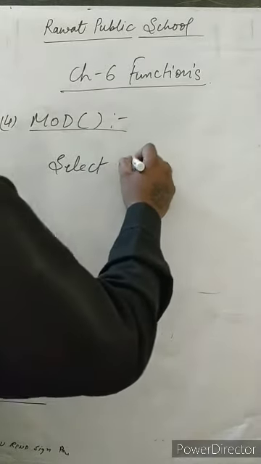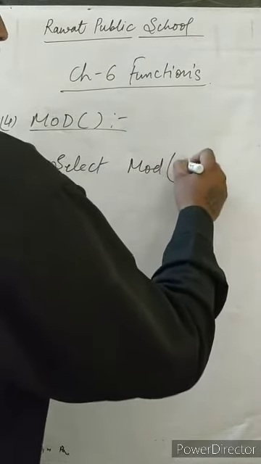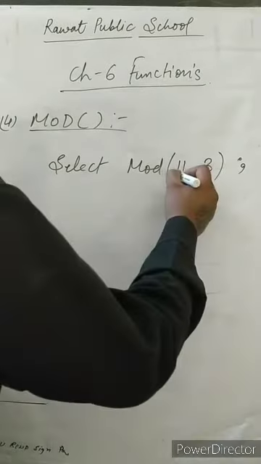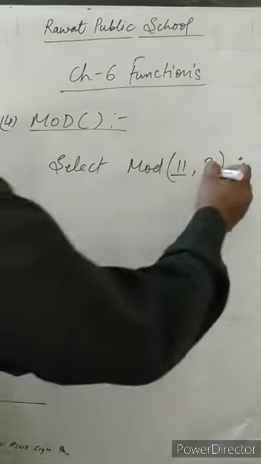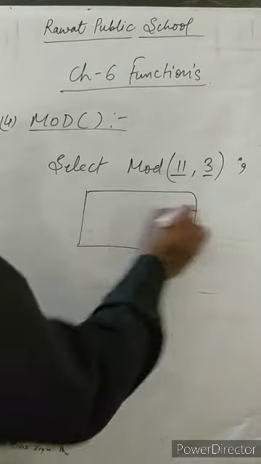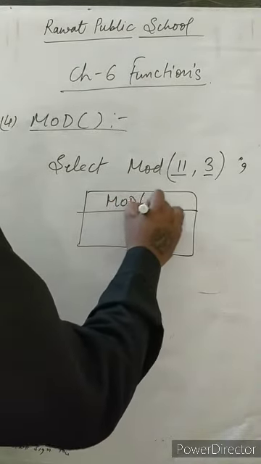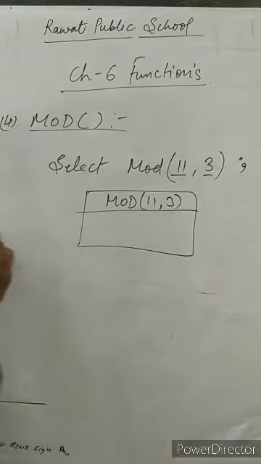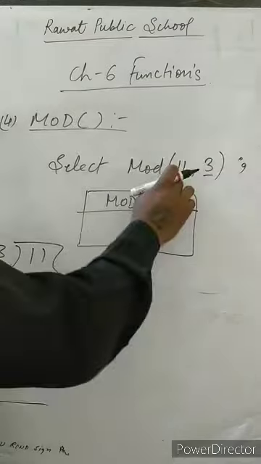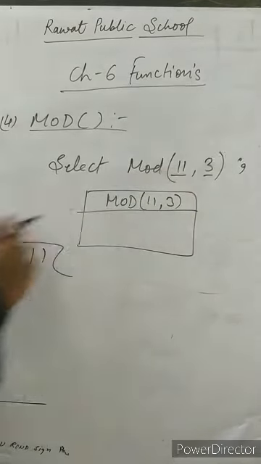Select mod of 11, 3. Students, this is your dividend and this is your divisor. The 11 is the dividend, 3 is the divisor.